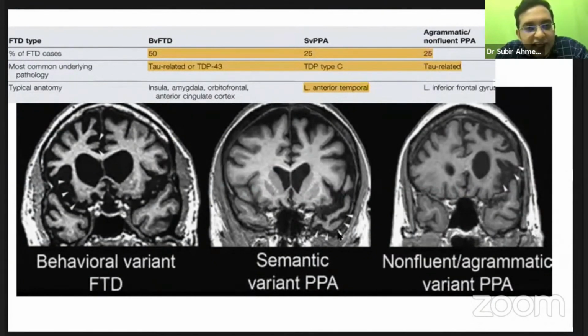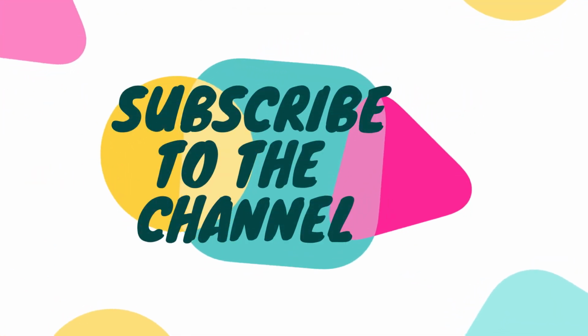This is the left side, and this left anterior temporal region gets atrophied. And in the agrammatic or non-fluent PPA, there is left inferior frontal gyrus. It's clearly seen here, left inferior frontal gyrus is atrophied. This is the picture taken from Harrison, where we can see that the specific variants of FTD have specific areas of affection. And this table is taken from Bradley.